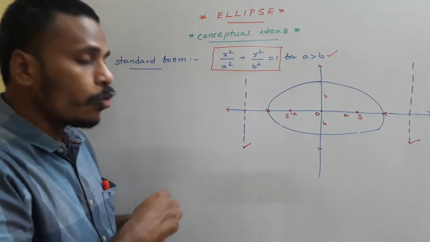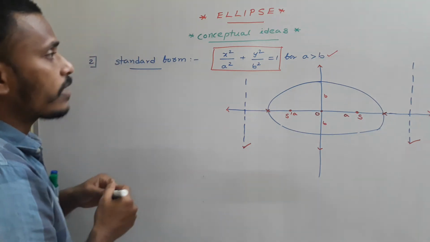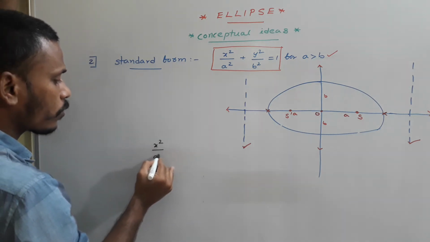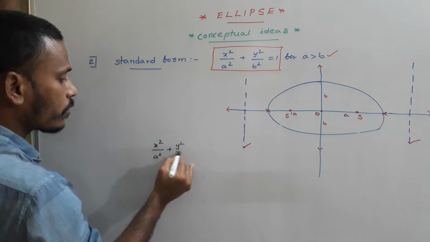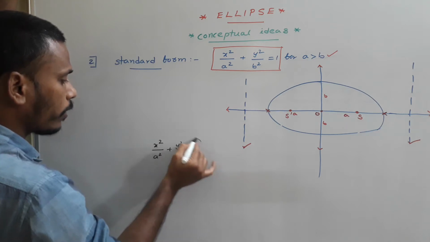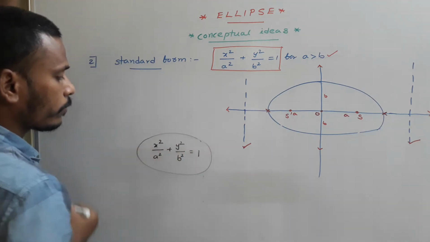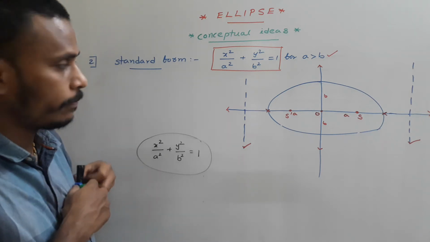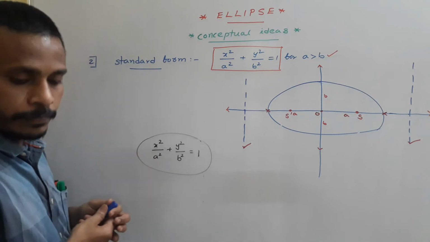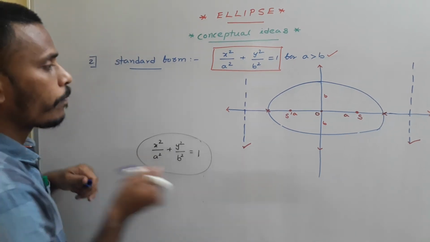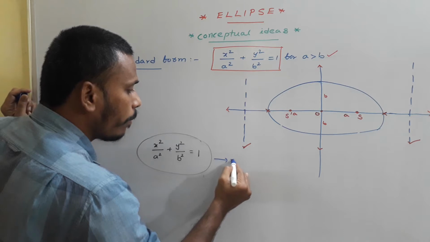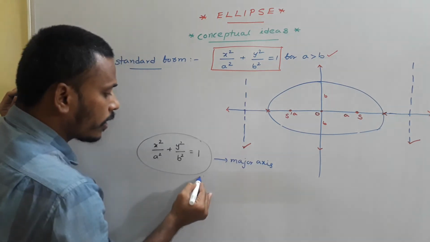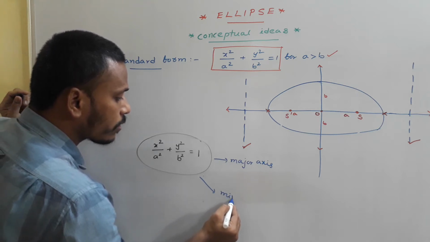So what we need to observe related to this standard form of the ellipse. If the equation is x square by a square plus y square by b square equals 1, then related to this equation, what do we need to identify? Just have a look. First thing is the major axis, and the second thing is the minor axis.